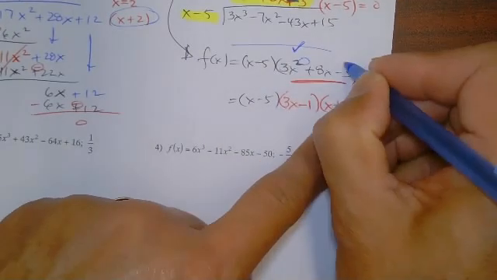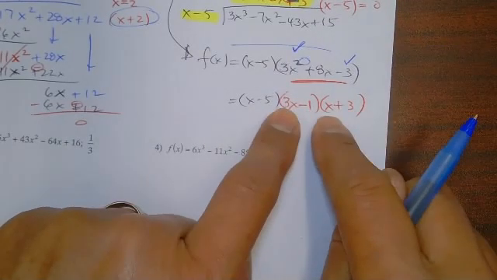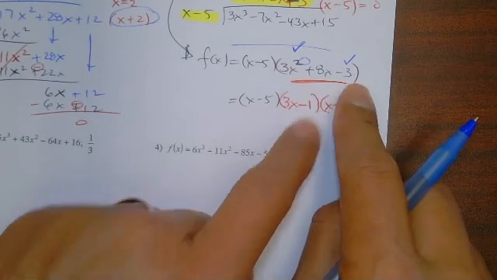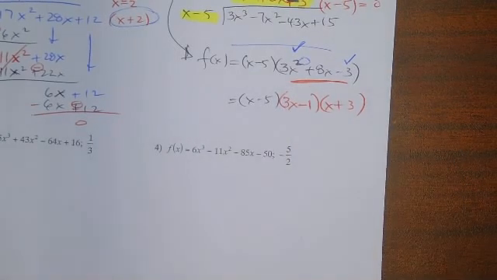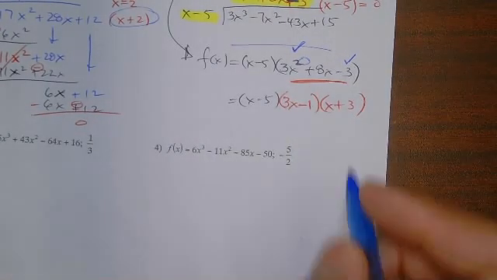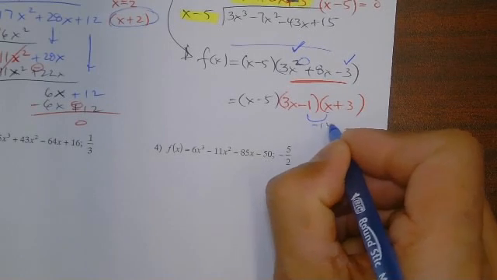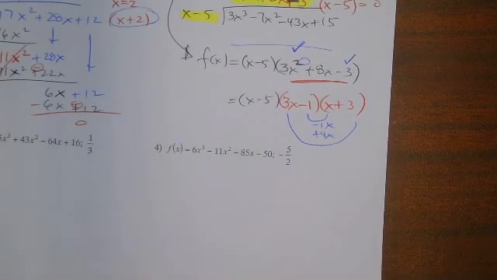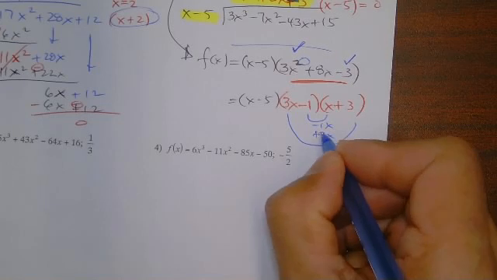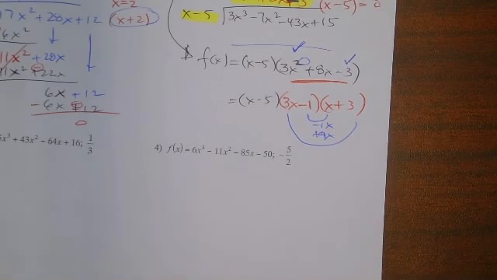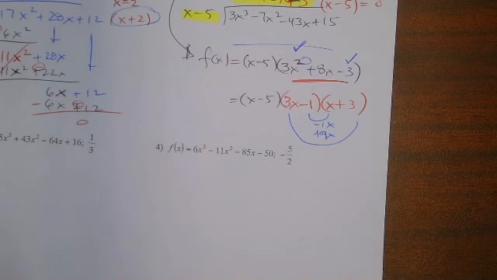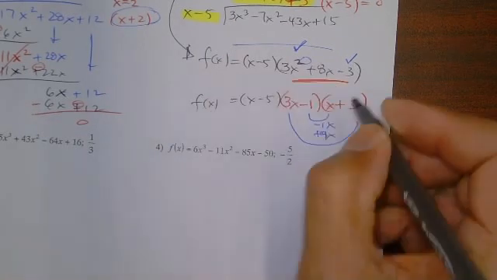I guaranteed the front, the positive 3x squared. I guaranteed the back, which is the negative 3. When I multiply the front two, it gives me the front. When I multiply the back two, it gives me the back. Does everybody see the 8x? This will give you negative 1x, and this will give you the plus 9x. There it is. It'll add up to a positive 8x. So that means you factored it right.